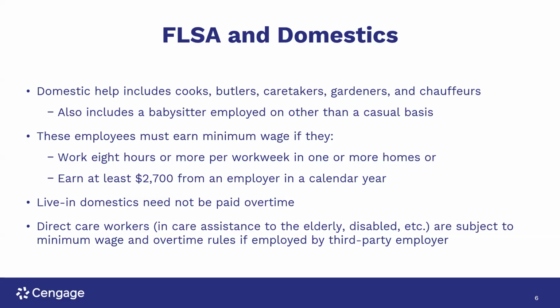Also, live-in domestics do not need to be paid overtime, and direct care workers, for example, if they're assisting the elderly or disabled, are subject to minimum wage and overtime rules if they're employed by a third-party employer. However, if they're employed directly by the elderly or disabled to take care of them, then the minimum wage and overtime rules do not apply.